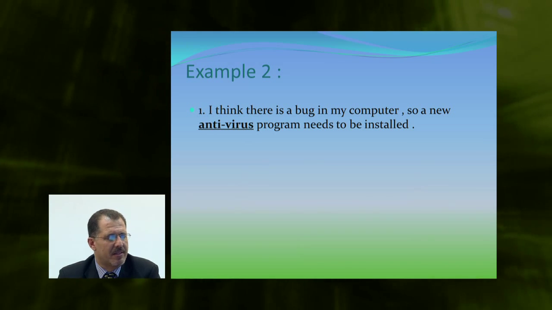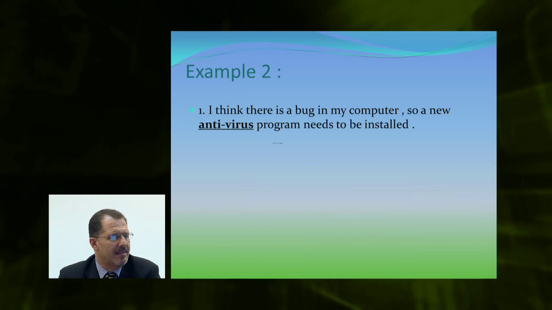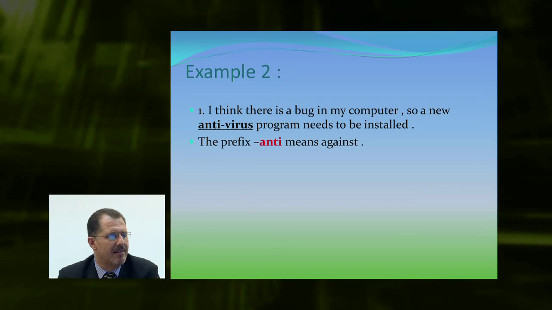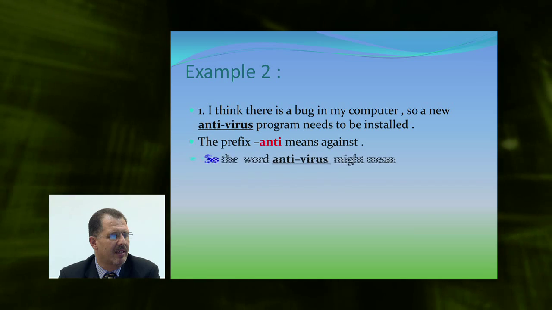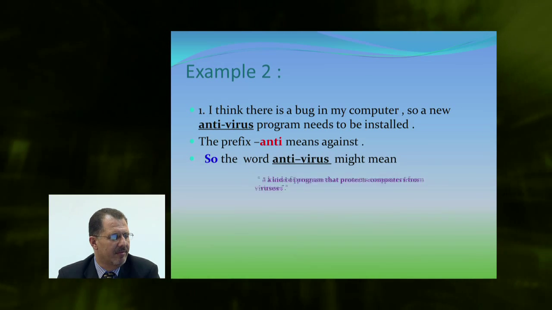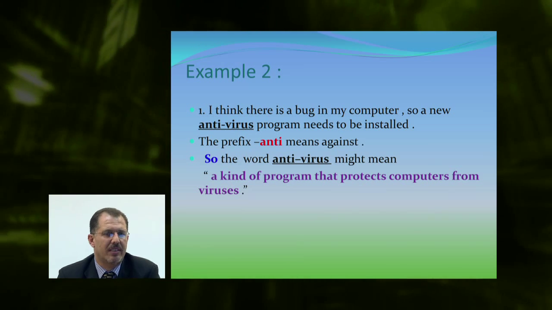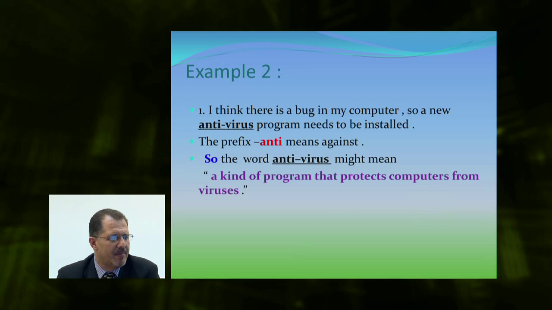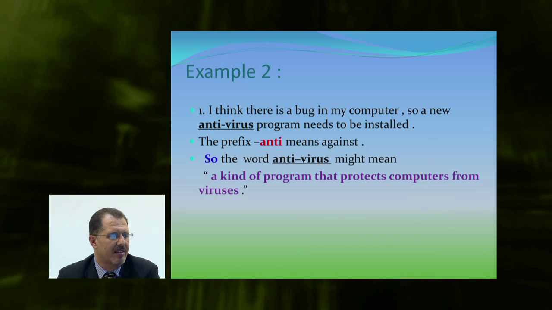What is the prefix that we have here in this sentence? The prefix anti, which means against. So the word antivirus might mean, what do you think? It might mean a kind of program that protects computers from viruses.